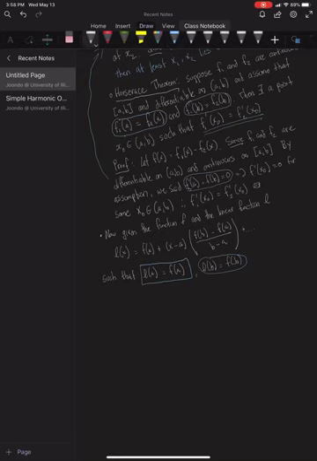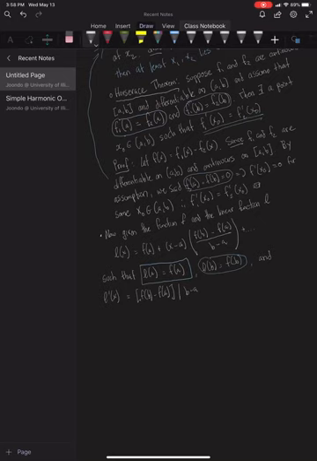And L prime of x is equal to f of b minus f of a over b minus a.